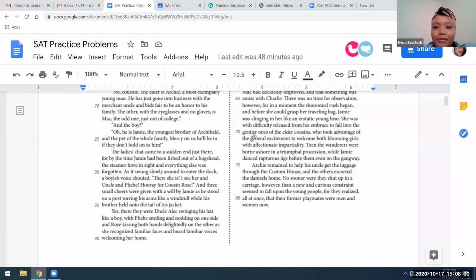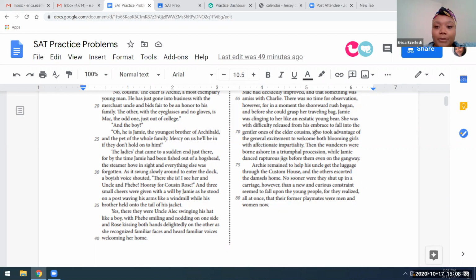He's gentle. I'm going to reread it. Who took advantage of the general excitement to welcome both blooming girls with affectionate impartiality. We know what affectionate means, that's like soft and caring. Impartiality, let's say we have no idea what that means.